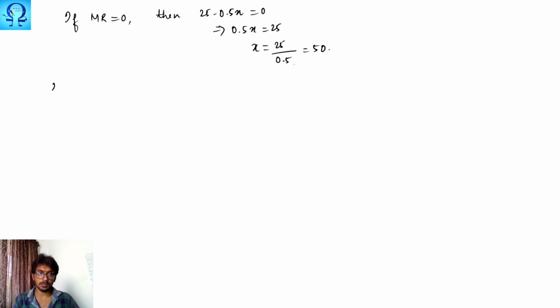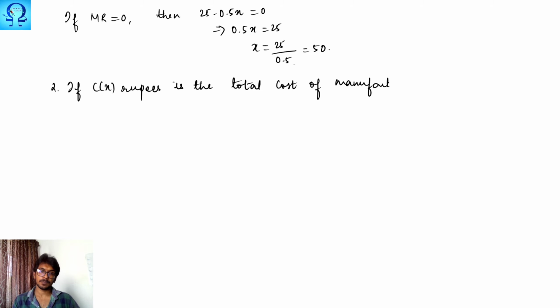Now let us see another problem. If C of x rupees is the total cost of manufacturing x toys, and C of x is 500 plus 50 upon x plus x squared upon 10.